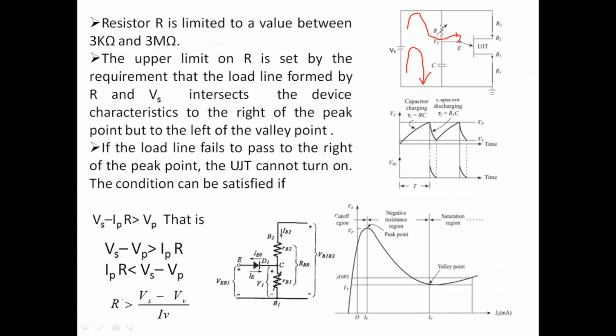So R should be greater than Vs minus V peak by I peak. Correct? No, R should be lesser than Vs minus V peak divided by I peak.